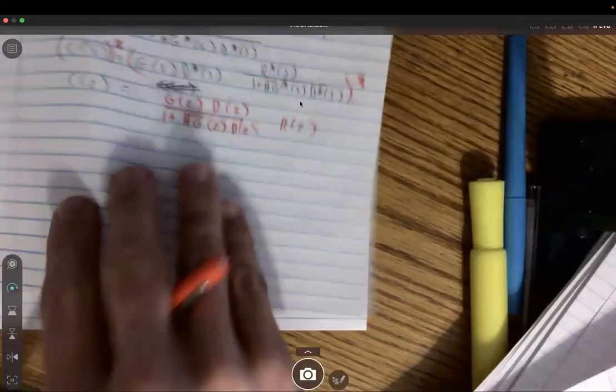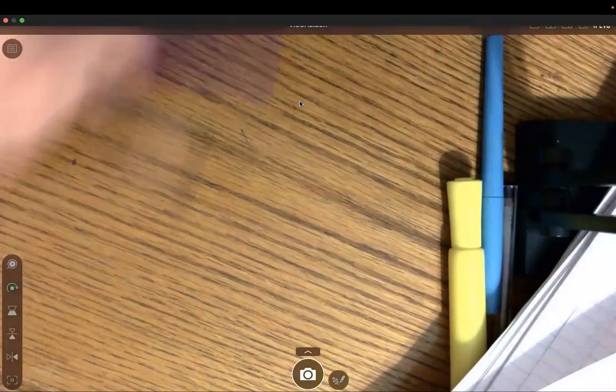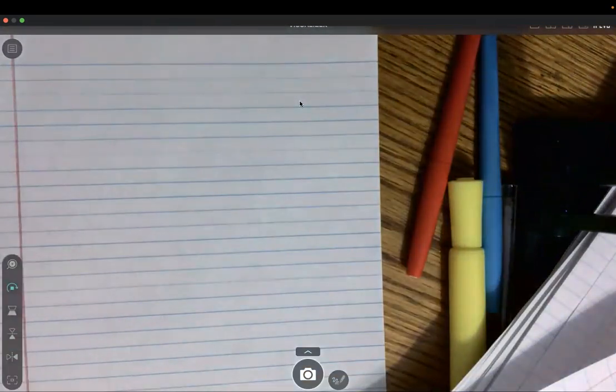So now getting away from the Z transforms for a while and hopping into our time domain stuff, we need to look at our first order systems and how those behave.